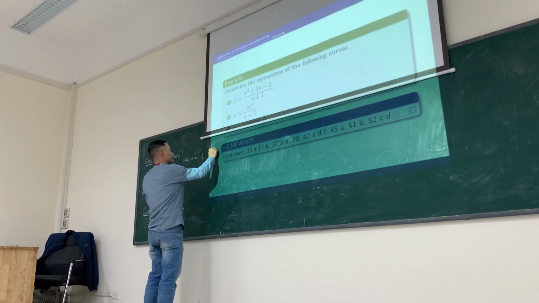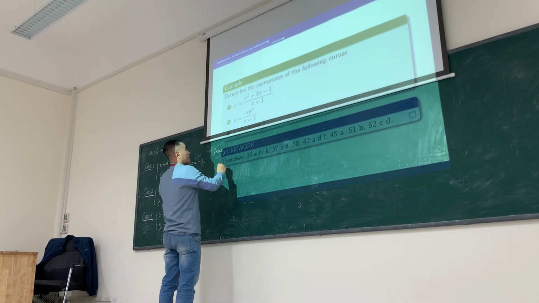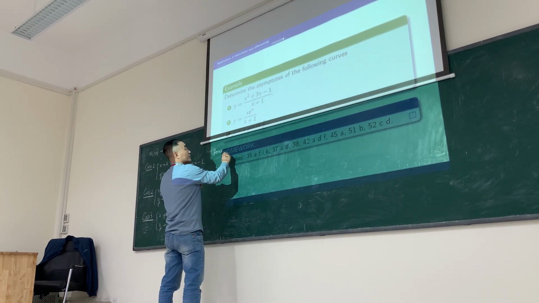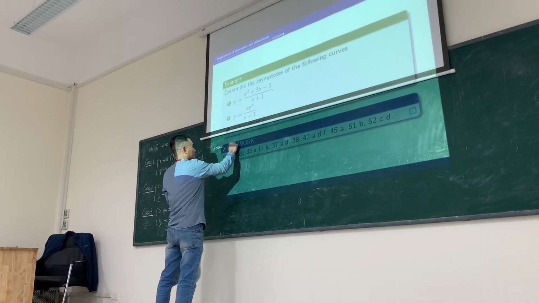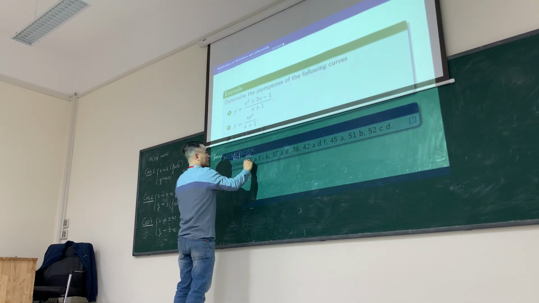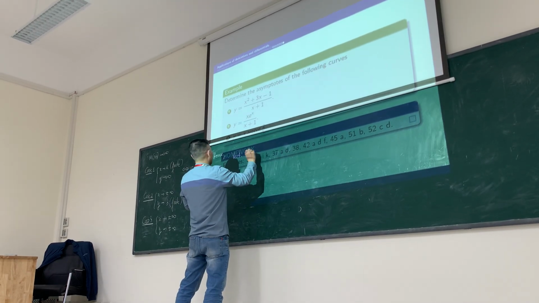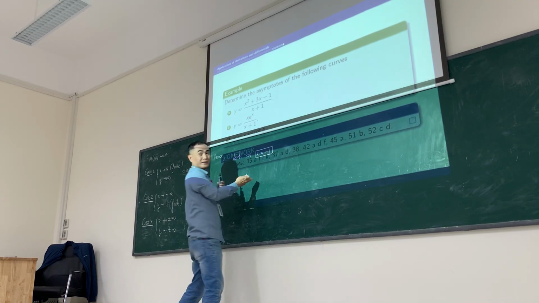From here, we have vertical asymptote x equals -1.